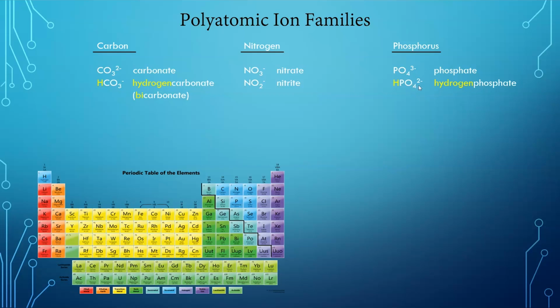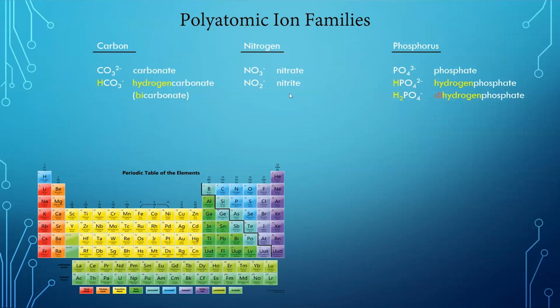With phosphate, because of its larger charge, we can even add another hydrogen to it and reduce the charge even further. To tell people that there are 2 hydrogens, we add the prefix di in front of it, so it becomes dihydrogen phosphate. 2 hydrogens and a phosphate.